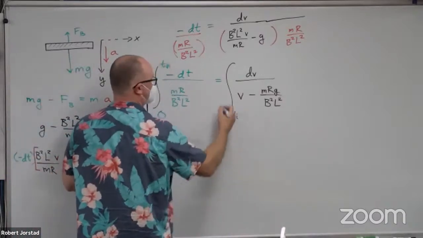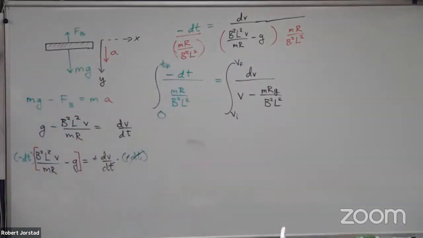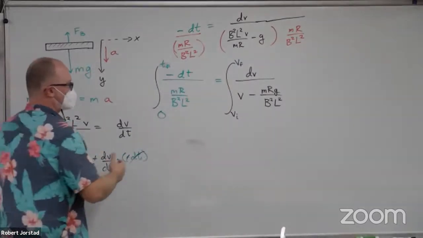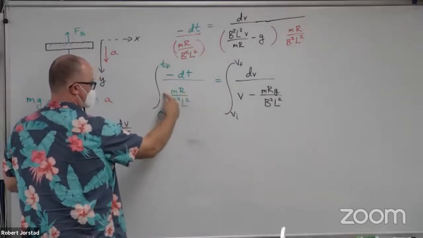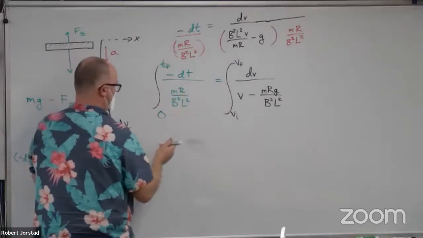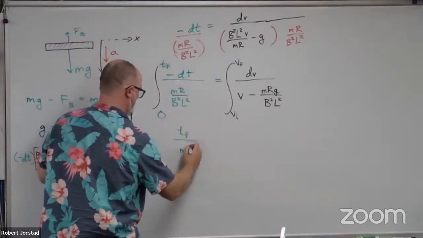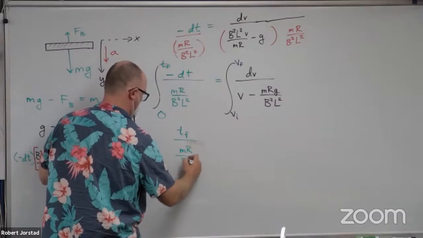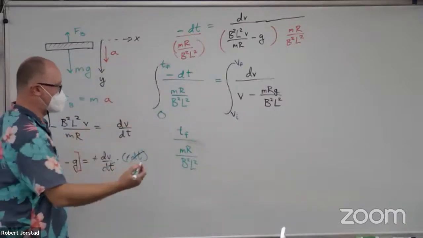The initial to v final, maybe? That looks good to me. Well, on this, what's true about all this stuff? Constant. We get t final all over Mr. b squared L squared. Plugging in the 0 limit, I get nothing, right? Do you agree? And wait, isn't it minus?